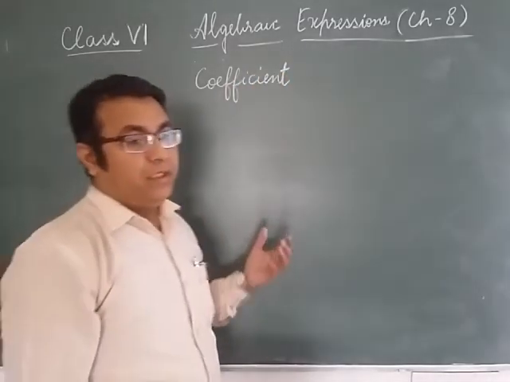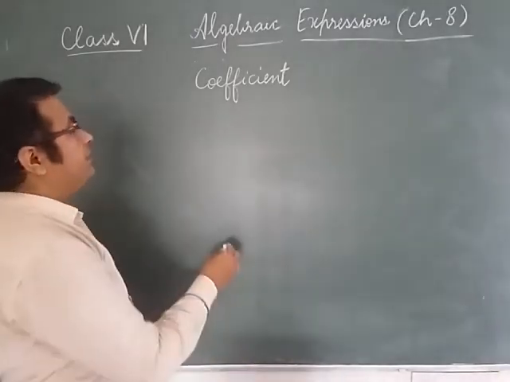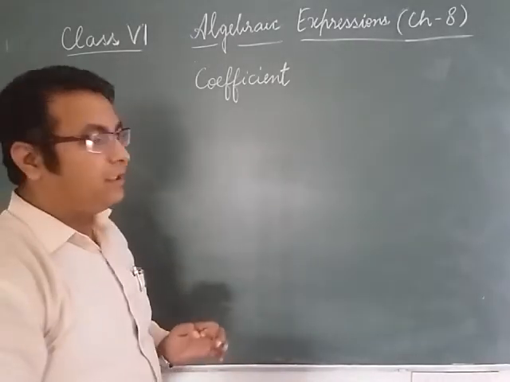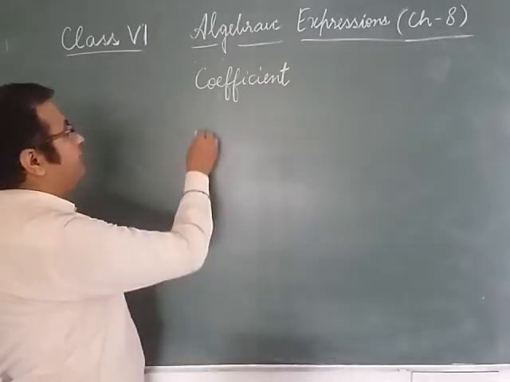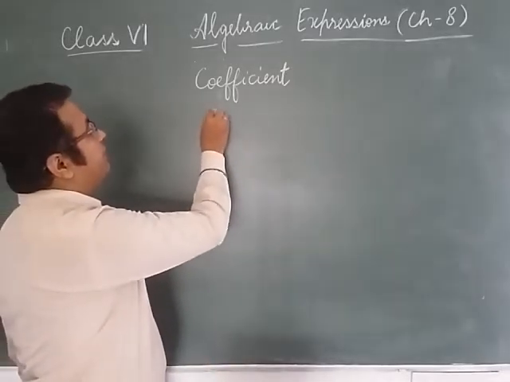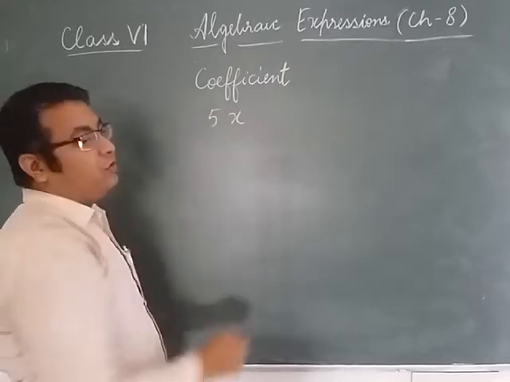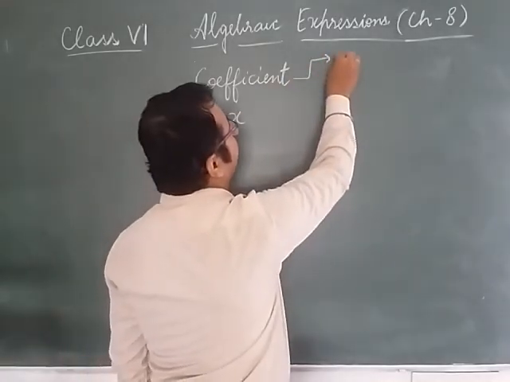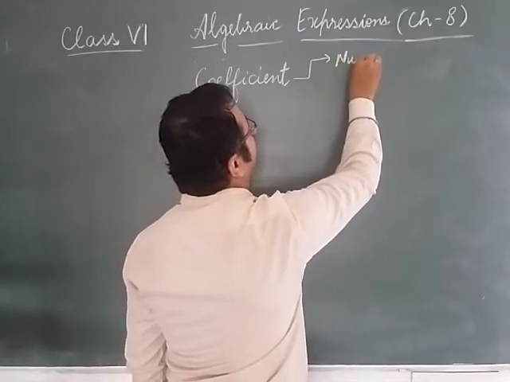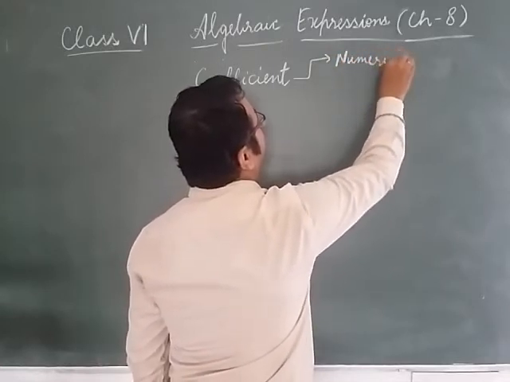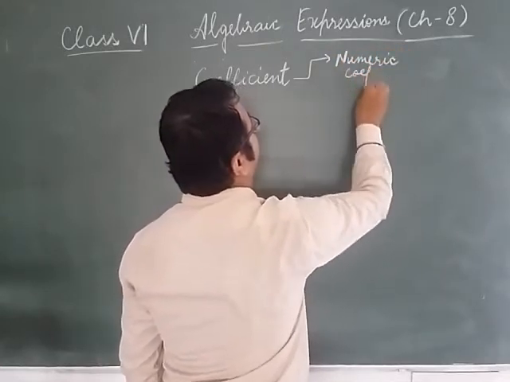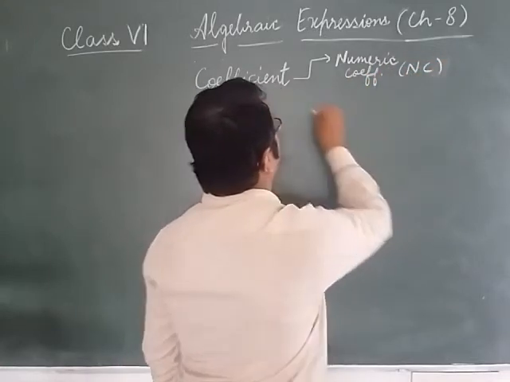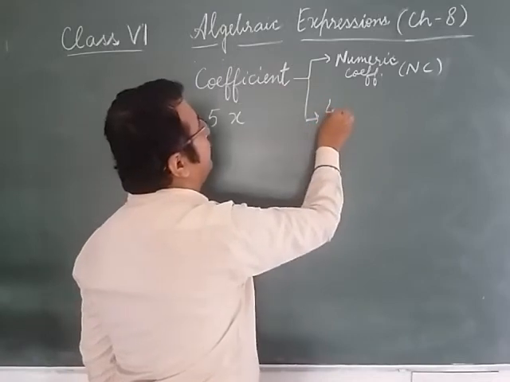Coefficient means either the numeric part or the variable part. Let's understand with an example. Suppose I have written 5x. Coefficient is basically of 2 types, 2 parts. First is numeric coefficient, which is also called NC, and the other is literal coefficient.